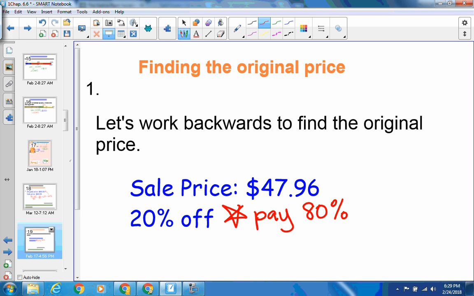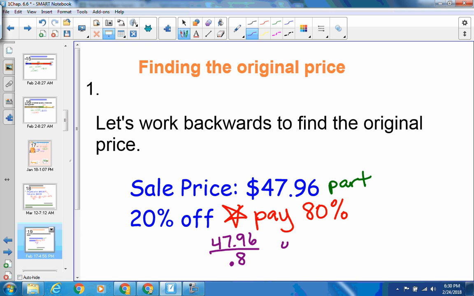So that's important. Now we know that our part is $47.96 and our percent is 80%. So we can find the whole, and you learned two ways to do that. With the equation, you could do 47.96 divided by 80% written as a decimal.